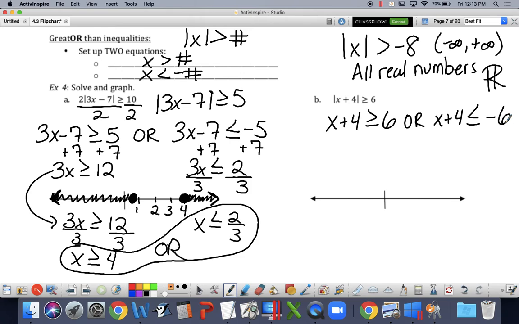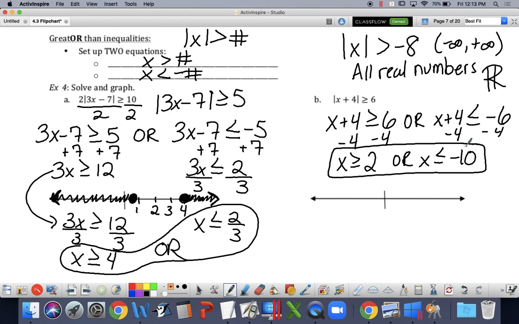The only thing I really have to get rid of here, right, is my 4. So I'm going to subtract 4. And I get that x is greater than or equal to 2, or x is less than or equal to negative 10.